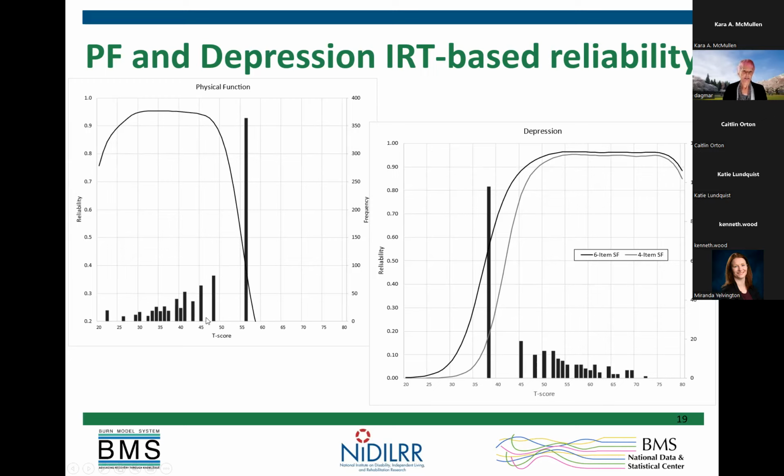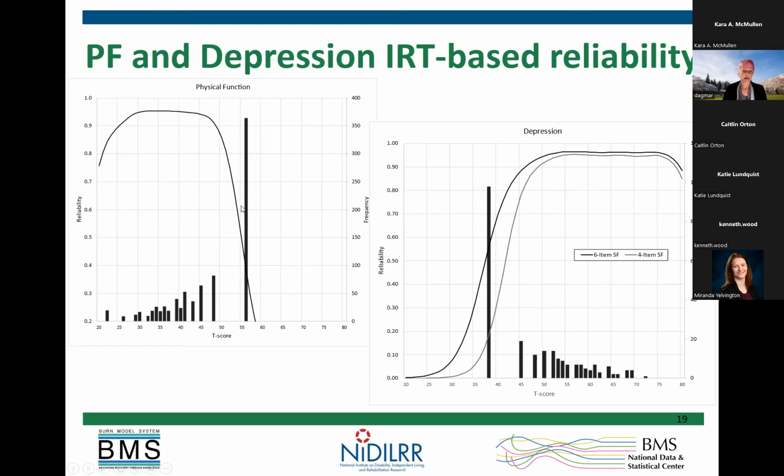Down here is a histogram of where the people in our sample scored. So you can see we have a lot of people in our sample that have excellent physical function. In physical function, lower score is worse health, higher score is better health.